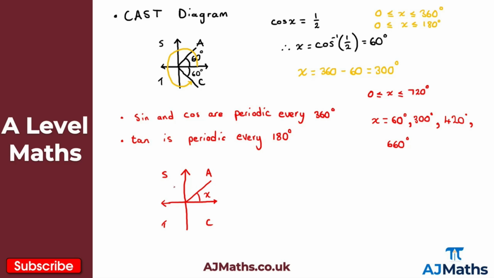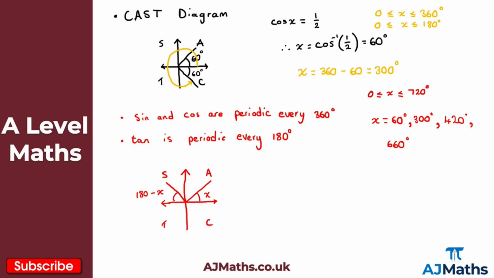Okay, so in this quadrant here then, going from here to this line, if this angle here is also x, then from here to here that would be 180 minus x. 180 minus x there, because angles on a straight line are 180 degrees.